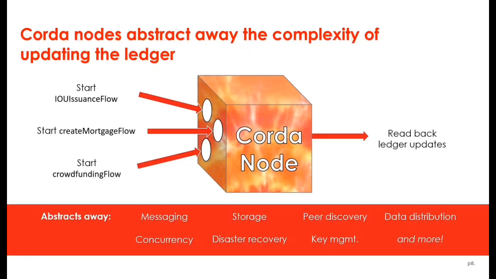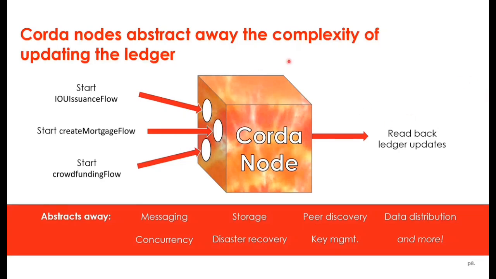In this way, the node serves to hide all of the complexities of distributed systems, cryptography, and data management from the user. This includes messaging, storage, peer discovery, data distribution, concurrency, transaction recovery, signing, and more.